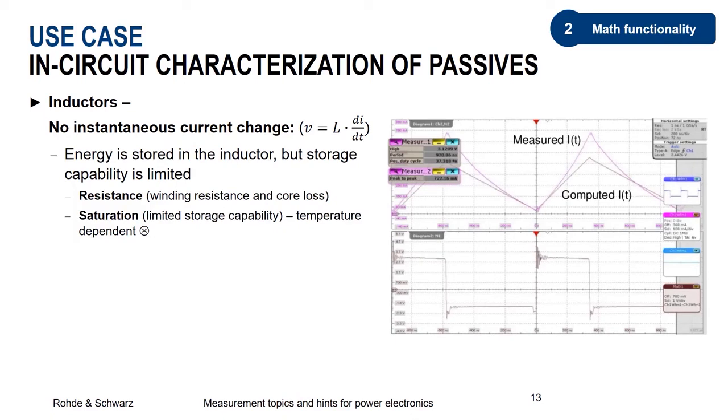You can also say, well, let's calculate the inductance out of the measurement, because you can make a differential, so measure or calculate di over dt, and then estimate the inductance out of the current measurement. And those kinds of things give you a way of understanding what is actually the true behavior of the passive in the corresponding measurement or setup design.